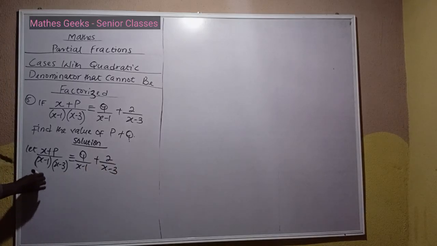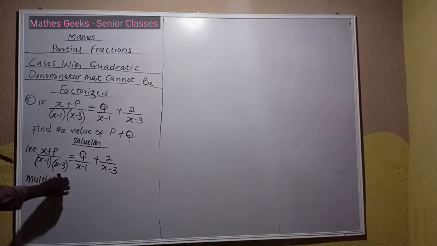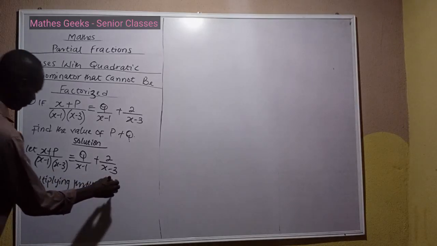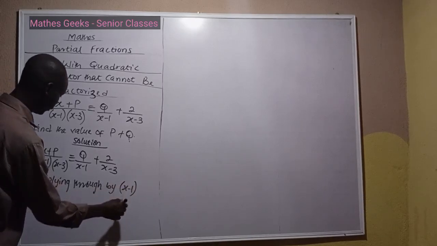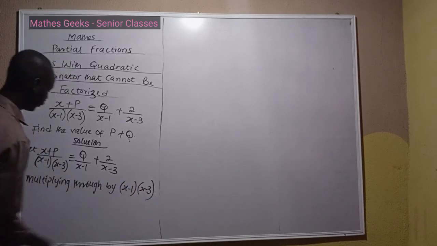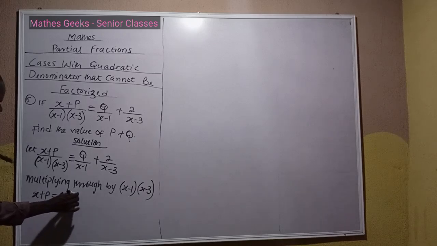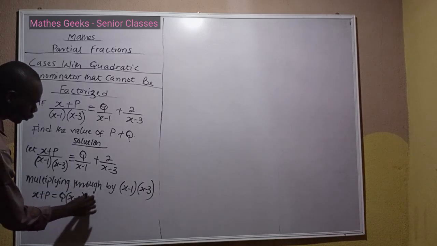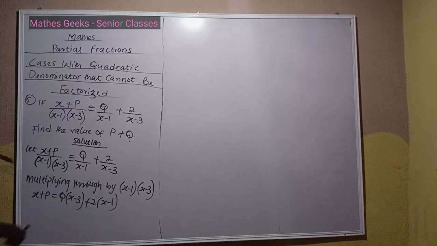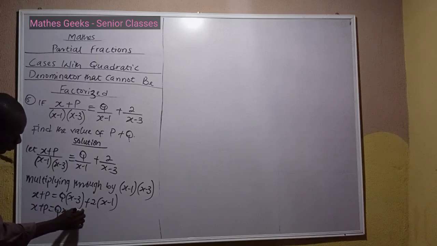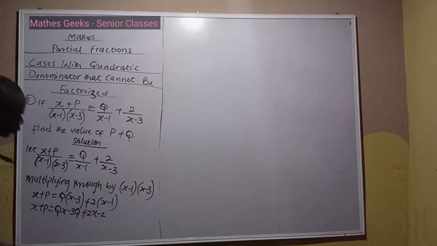So multiplying through by x minus 1, x minus 3, this will give us x plus p equals q times x minus 3 plus 2 times x minus 1. So x plus p is equal to qx minus 3q plus 2x minus 2.